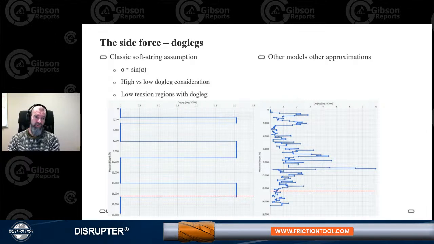So when you choose the classic soft string model, there is one assumption that's important to keep in the back of your mind, and that's to derive their formula, Johancsik and company actually had to do one approximation. They said that if our turning, building or dropping off angles are small, then we approximate that sine alpha is equal to alpha, the angle.